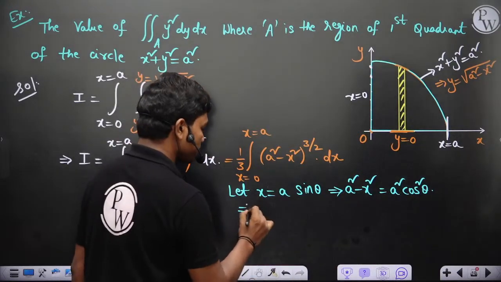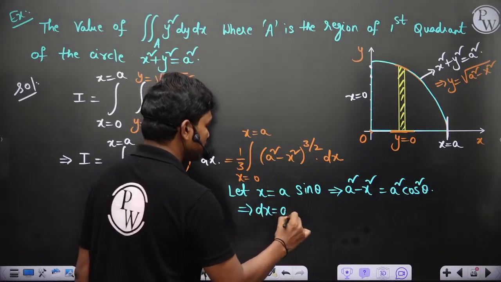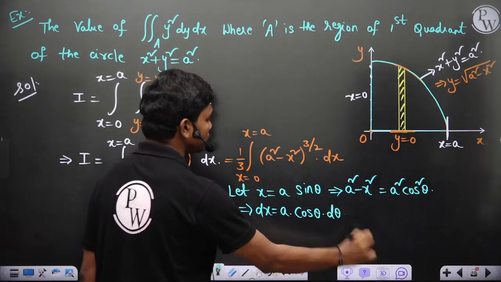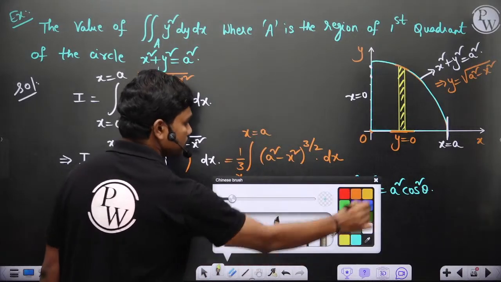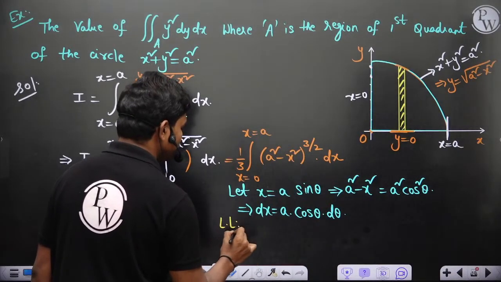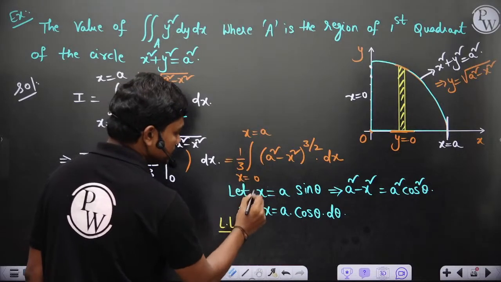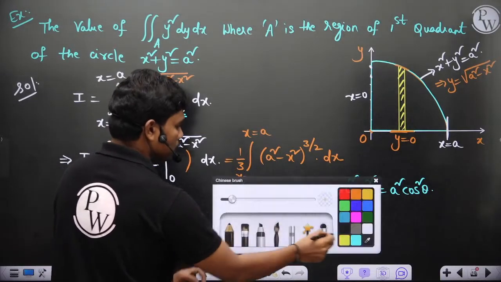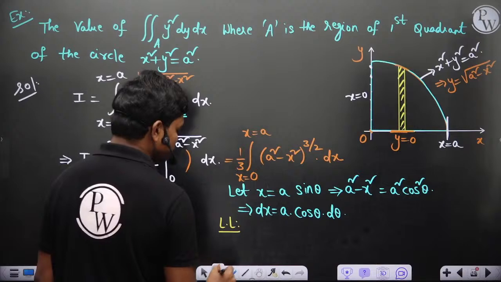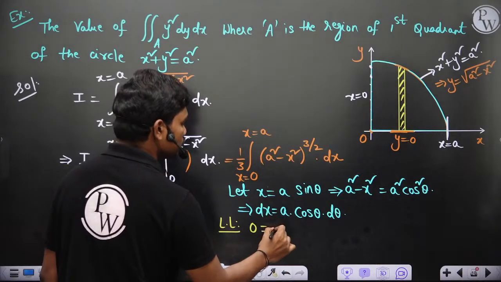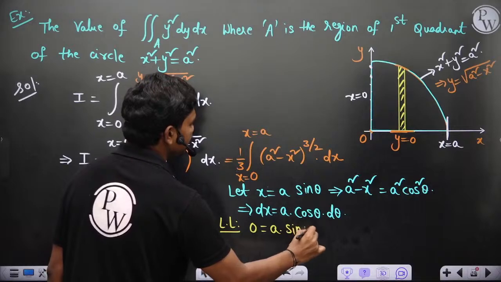What about dx? So dx gives you a into derivative of sine theta, which is cos theta d theta. So you have a cos theta d theta, of course. And what about the lower limit? So x is equal to a sine theta, and the lower value of x is 0. So 0 is equal to a times sine theta, and a is non-zero, obviously.